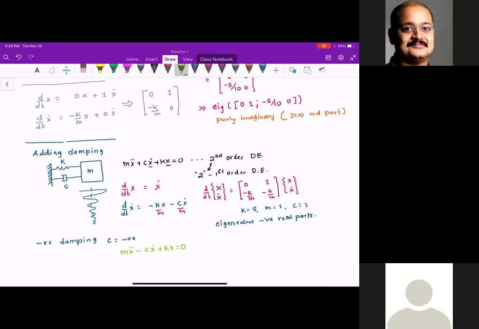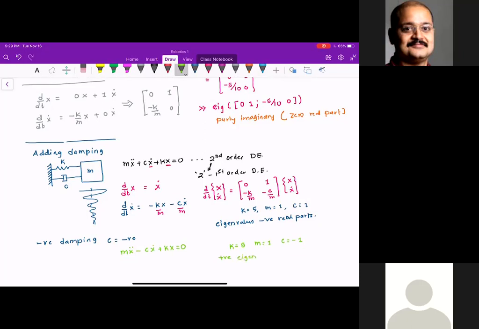Now in the previous expression, substitute k is equal to 5, m is equal to 1, and c is equal to minus 1, and tell me what you get. You will get positive eigenvalues.